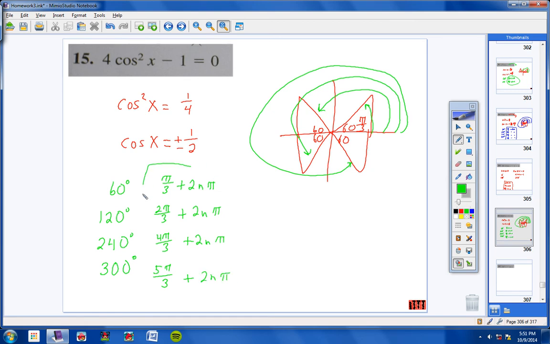Okay, and let me very quickly check the back of the book here for number 15. And let's see what we have here. Pi over 3, and we are good. Moving on to number 17.